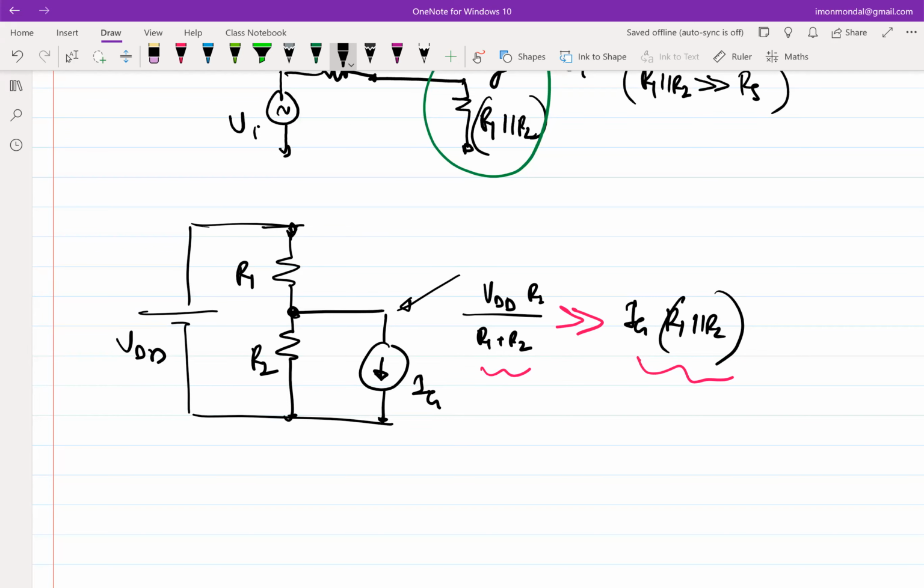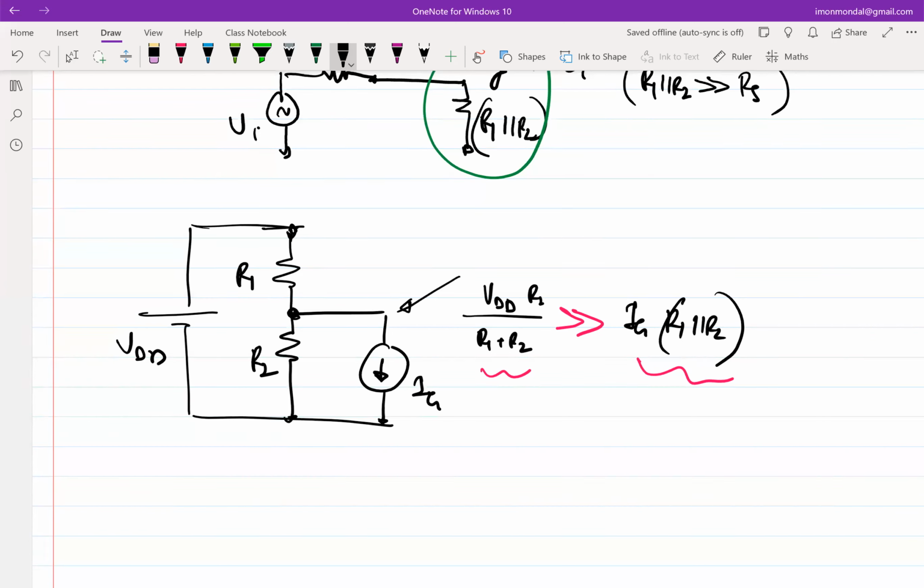Okay. Any questions? Yes. From this constraint, we'll get only one constraint on R2. Correct. You will get one constraint on R2. Yes. We're not getting any constraint on R1. No, you essentially have two constraints to choose, right?